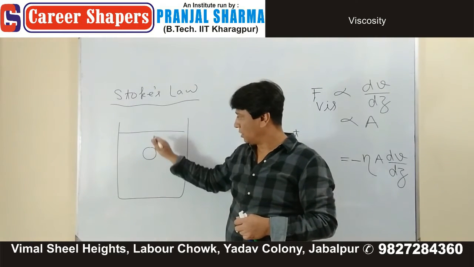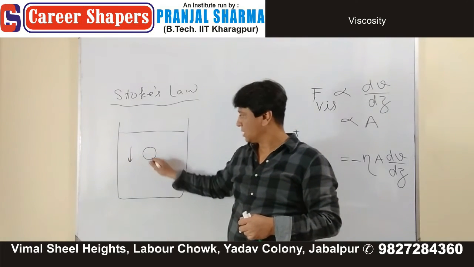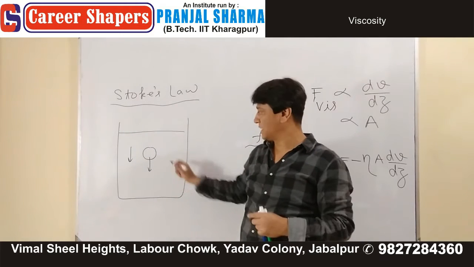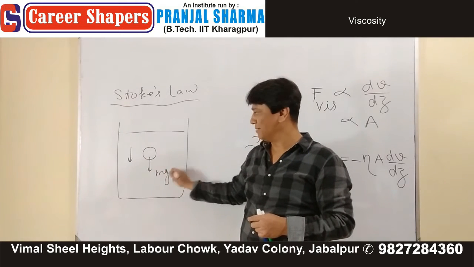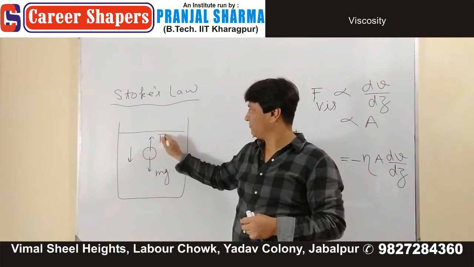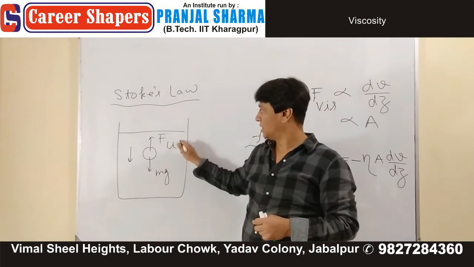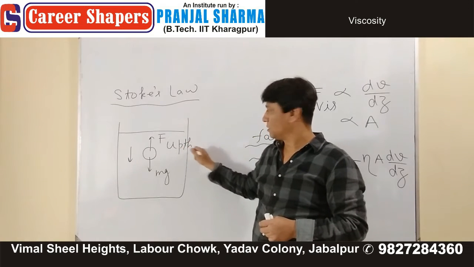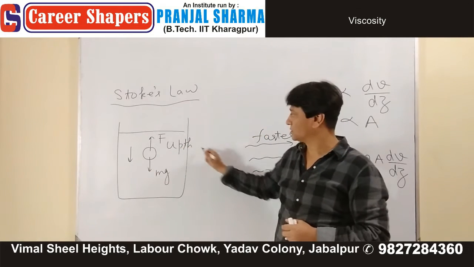As this ball goes down, there are three forces acting on it. One is what? mg, gravity. The other one is Fu, upthrust, buoyancy force. Archimedes' upthrust.